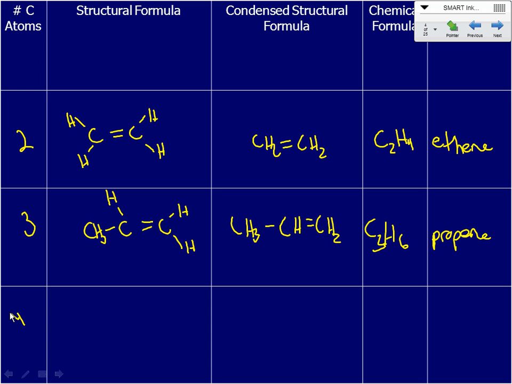Next, 4. Now we run into trouble with 4. I'm actually going to draw 2 structures in here. Actually, no, I'll only draw 1, and I'll put the second one on the second page. The first one, let's put it as C, and I'm going to put the double bond right away. So H, double bond, and then C. And then that's going to have a CH2 and a CH3.